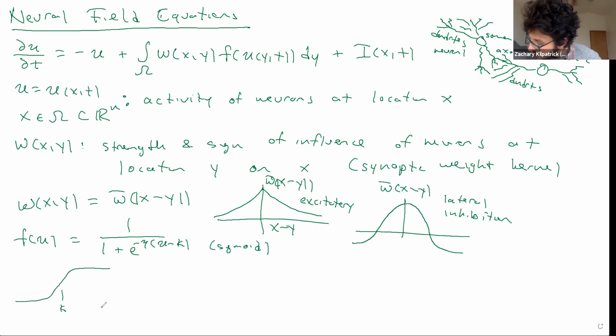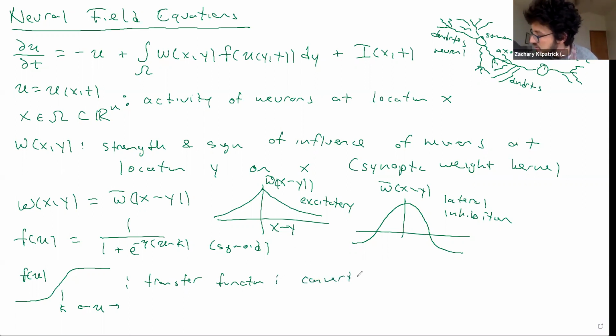Here's kappa, here's our u variable varying here, and here's f of u, okay? And so the idea is that this is called a transfer function. And again, those of you coming from physics, this may look sort of familiar. You see this in ferromagnetic type models, I think, generalizations of the Ising model and things like this.